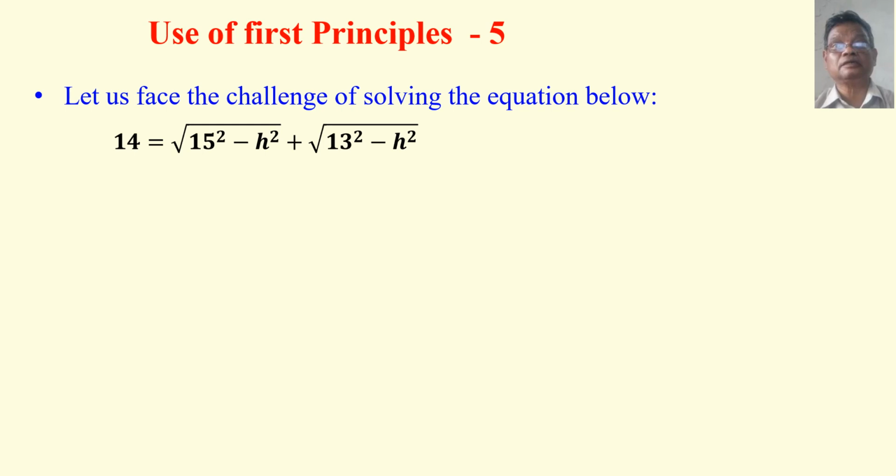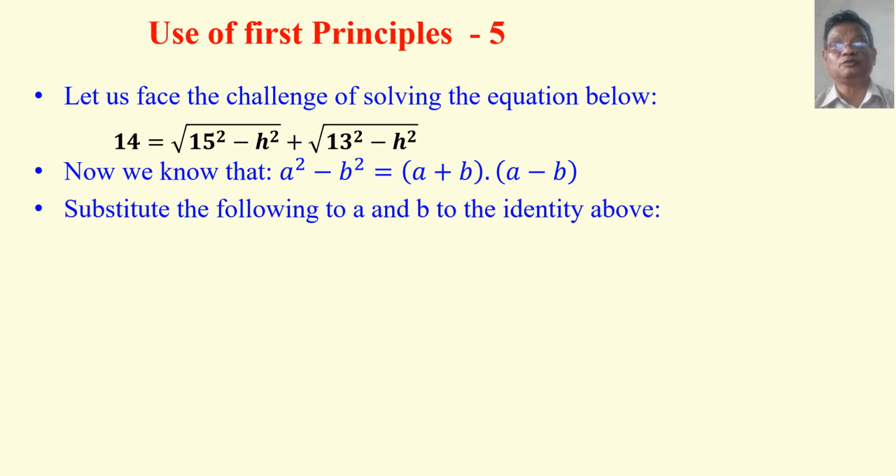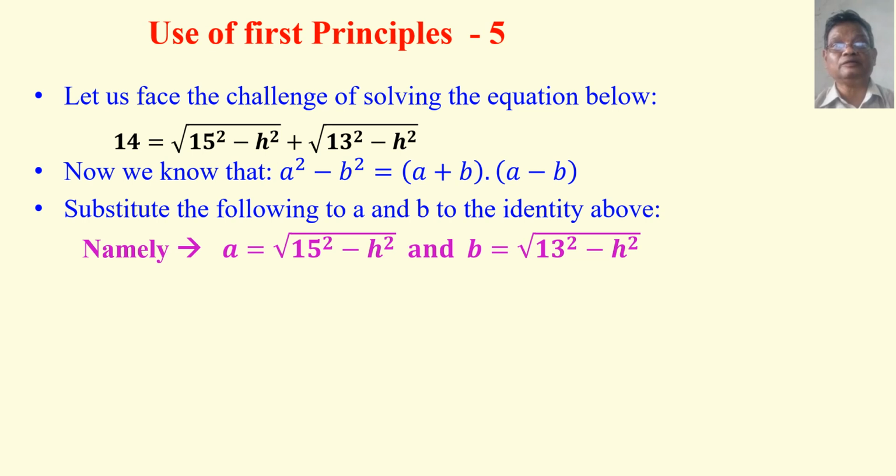Now we know that a squared minus b squared is equal to (a plus b) into (a minus b). Substitute the following a and b into the identity above. Namely, a equals square root of 15 squared minus h squared and b is equal to square root of 13 squared minus h squared.